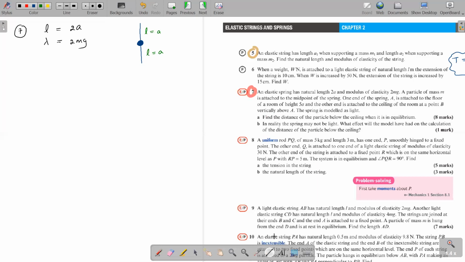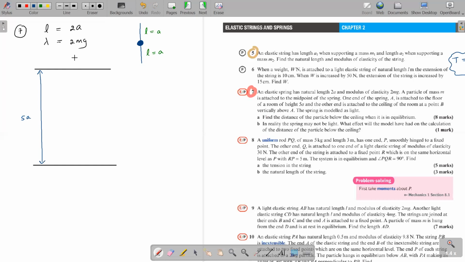Basically you have the ceiling and the floor. The height difference between the ceiling and the floor is 5a.